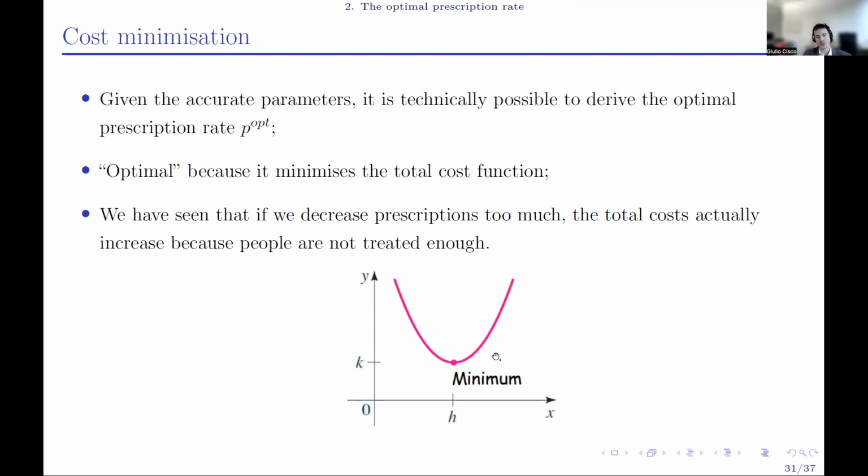But then if you prescribe too many antibiotics, then you have the risk of resistance in the long term that increases the costs again. So it's important to mathematically derive this minimum level, and it's what we will do when we apply the model.